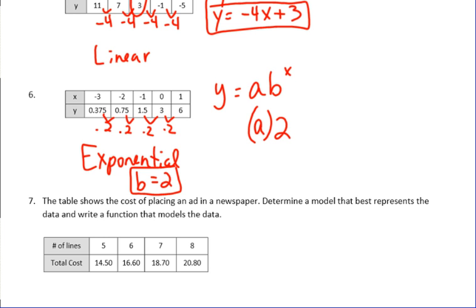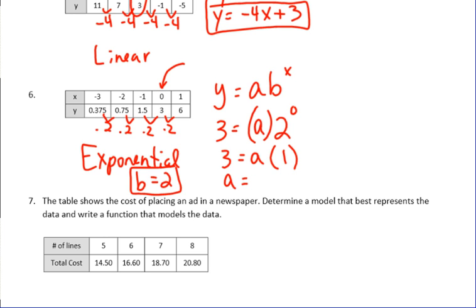So I'm going to use 3 and 0, because that's kind of an easy ordered pair to use. X is 0, and y is 3. So I have y equals a. Oh, sorry, y is 3, I said. So my point is 0, 3. 3 equals a times 2 to the 0, and 2 to the 0 is 1.